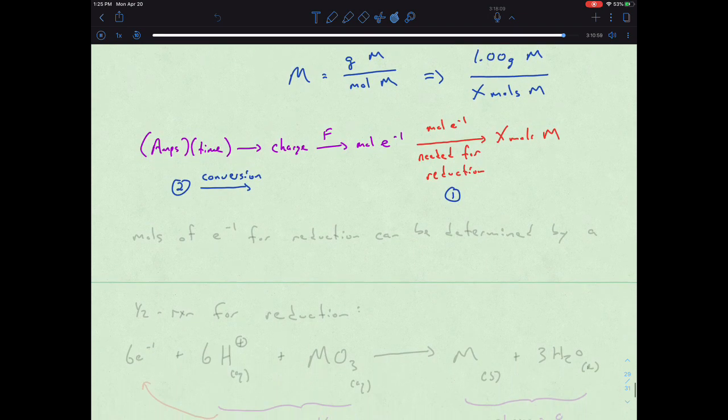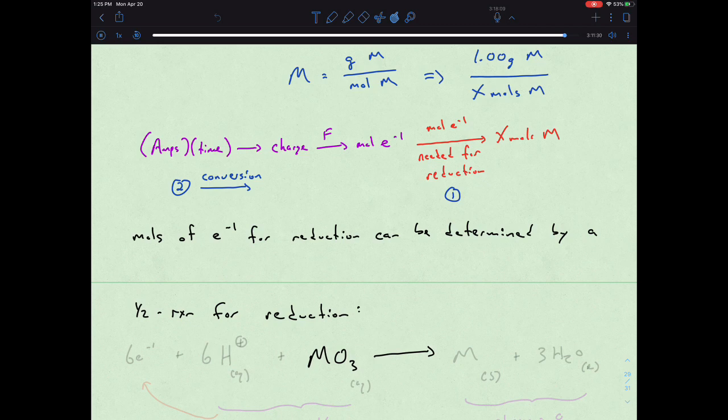So where can we get at our moles of electrons? The moles of electrons for reduction can be determined by a half reaction for reduction. So if we look at what we're trying to do, we were going from MO3 to M. We had dissolved this MO3 under acidic conditions, and then we were making this solid metal.